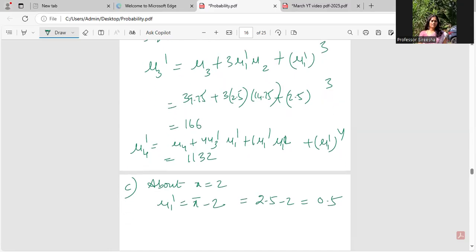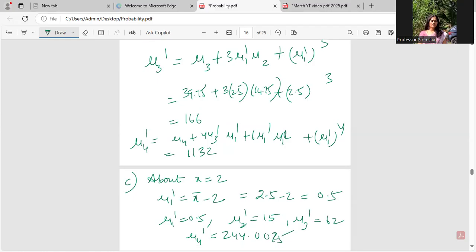Accordingly, I'll calculate the remaining ones using the formula. Mu2 prime comes out to be 15. Mu3 prime comes out to be 62. Mu4 prime comes out to be 244.00275. I can just say 244 only.